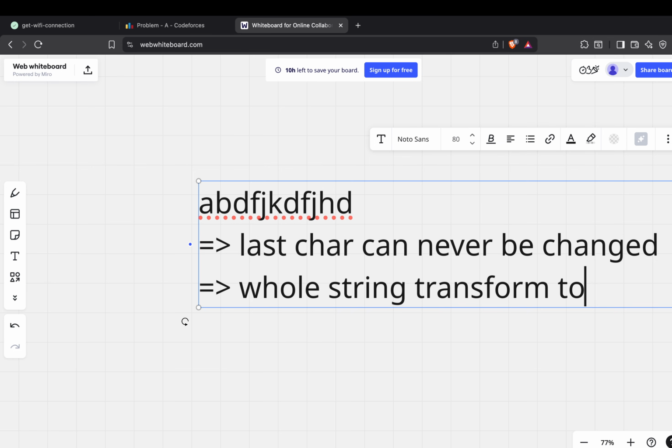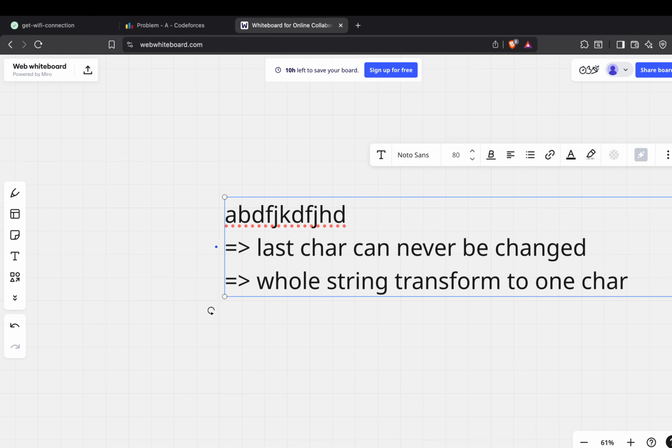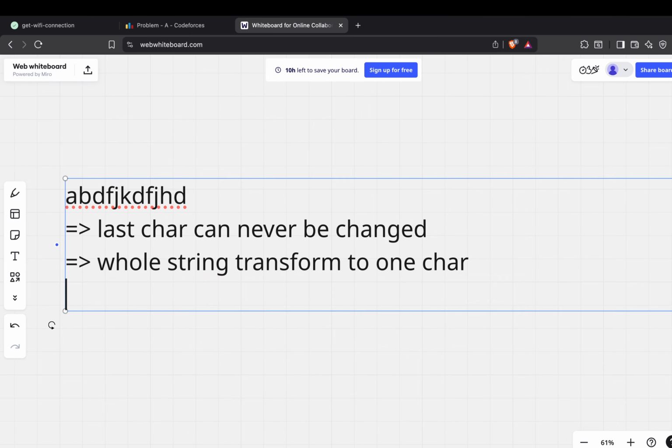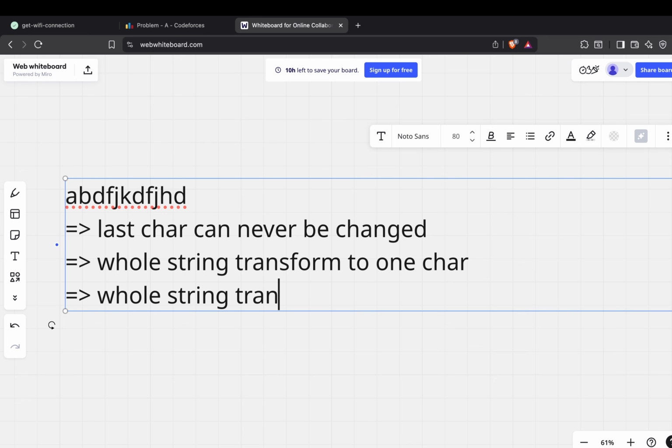Whole string transformed to one character. So these two sentences imply that the whole string transforms to the last character.